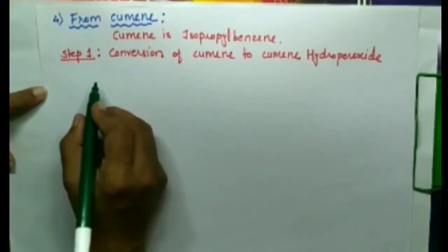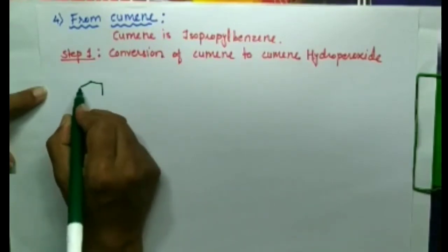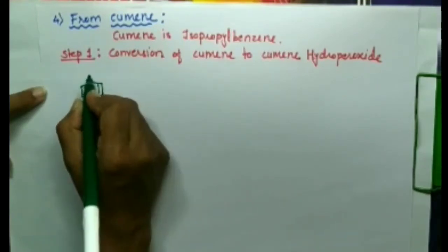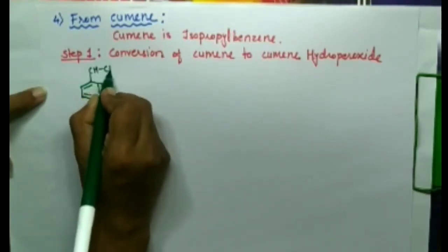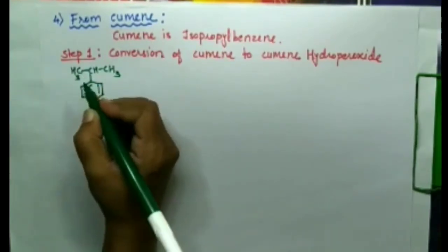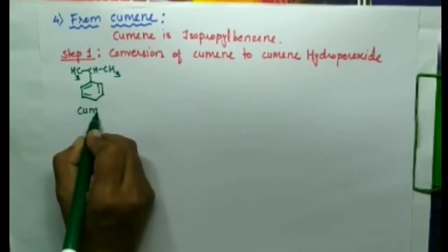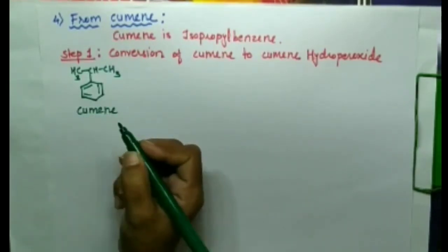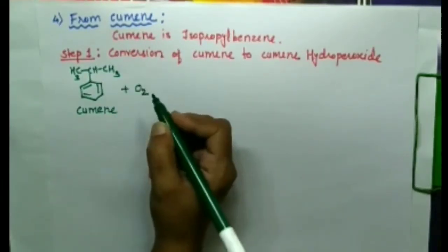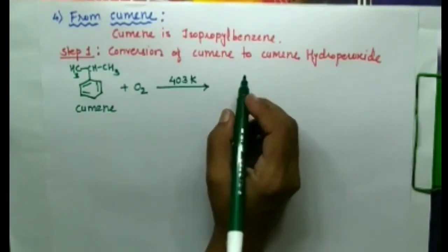So here, as I told you, it is isopropyl benzene. So benzene attached to an isopropyl group. This is cumene. This is oxidized at 403 Kelvin temperature.